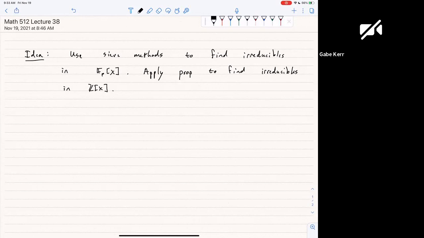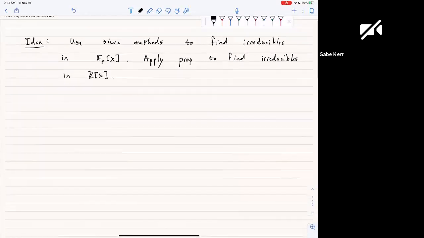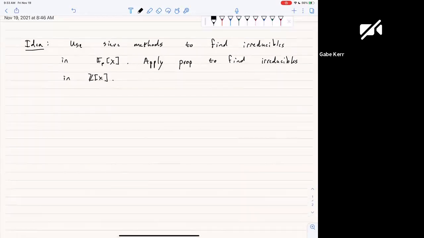If it's not irreducible in a few of these, that doesn't mean it won't be irreducible over the integers or the rationals, but if it is irreducible at any point, then you know it's irreducible.